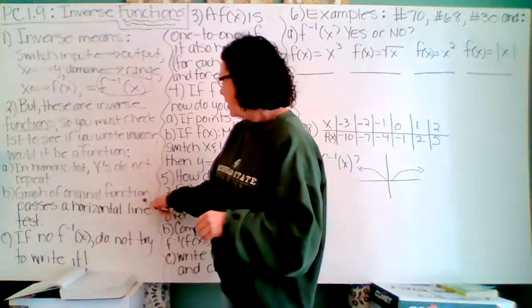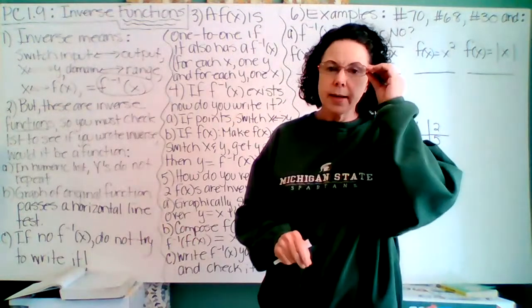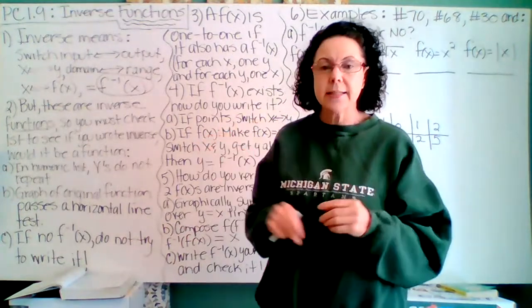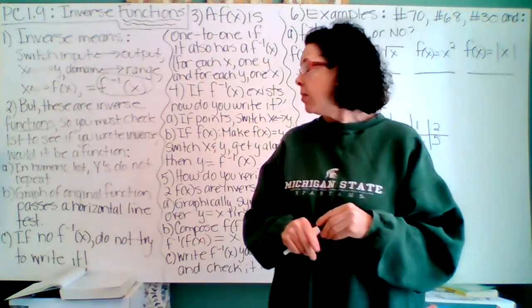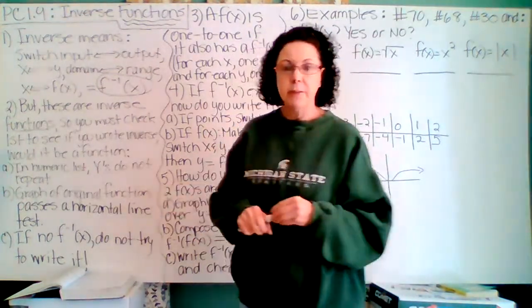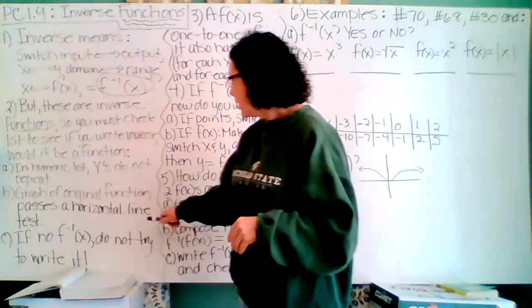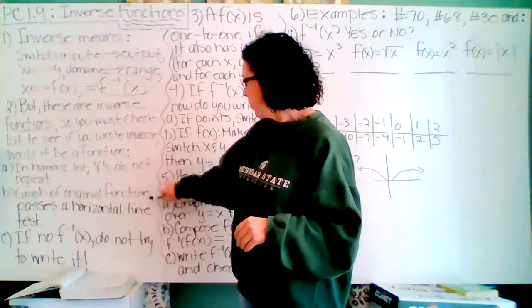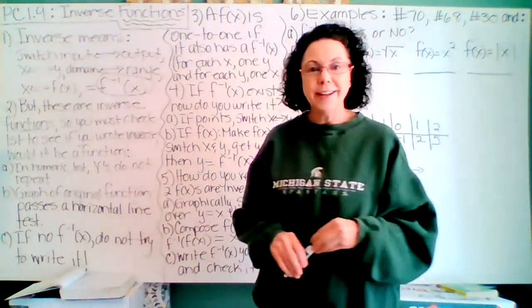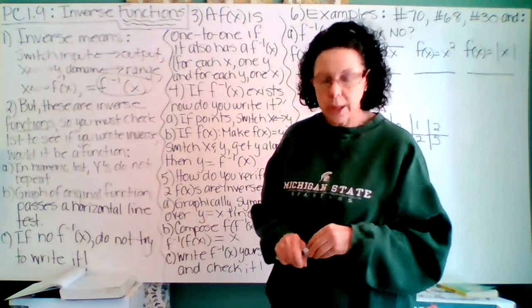In this case, if your original function passes a horizontal line test, meaning it only hits at 1 point or less, then that means the inverse would be a function, okay? And if there is no inverse function, it doesn't pass either of these tests, then you do not write it. You don't try to write the inverse, okay?